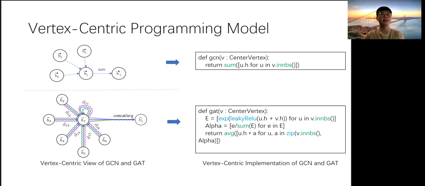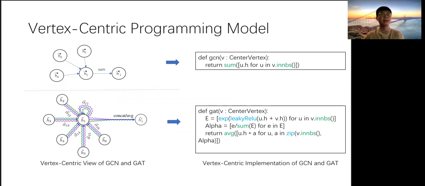For the GCN model, the user writes a simple Python function with center vertex v as argument. Within the function, users can access the neighbor list with v.innbs. For each neighbor node u, we can access each feature vector by using the dot operator. Then we use list comprehension to construct a list of neighbors' features. Finally, we sum the list and return the output.